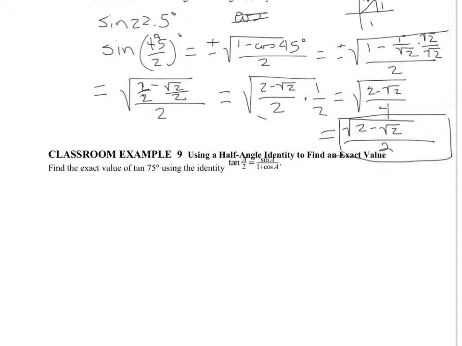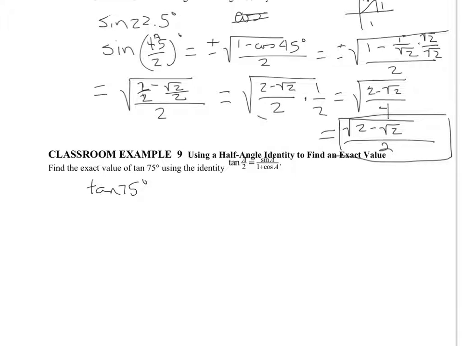All right, let's see if we can find the exact value of tangent of 75 degrees if we use this replacement for the half angle property. Okay, so we want to get the tangent of 75 degrees, and to do it, we're going to use the tangent of a over 2 is equal to this.